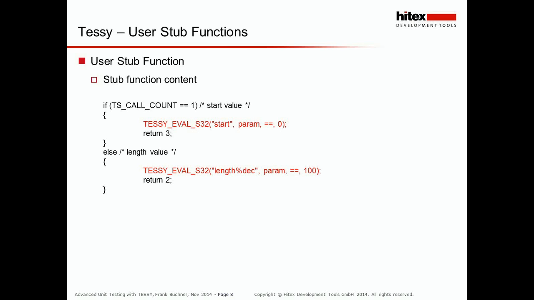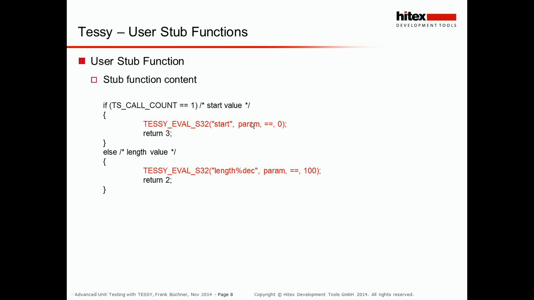I have the same code for the stub function, but I have introduced 2 evaluation macros. An evaluation macro always has 4 parameters. The first parameter is a name for this evaluation macro. This is for instance used in the test report, so that you know what this evaluation macro should evaluate.